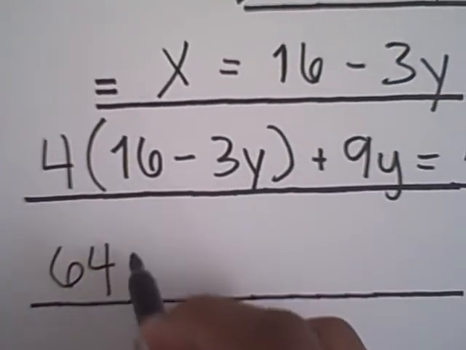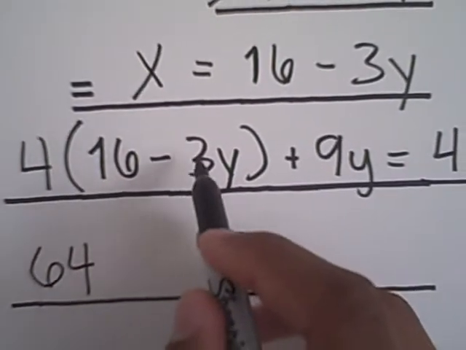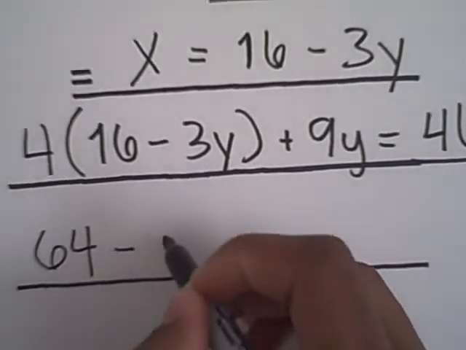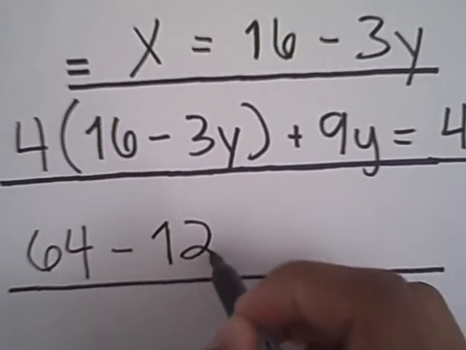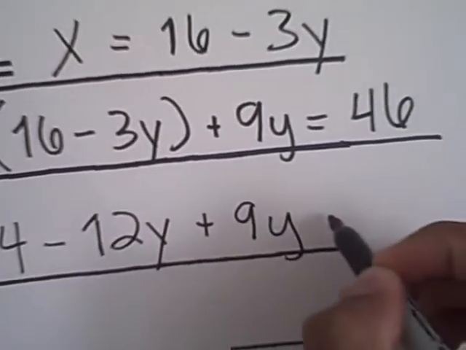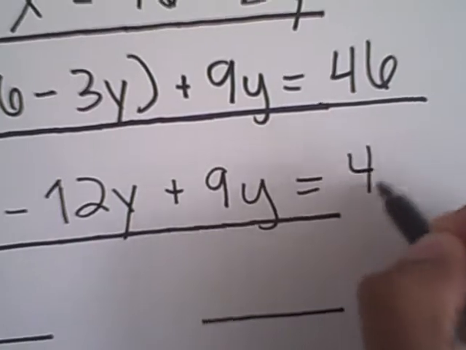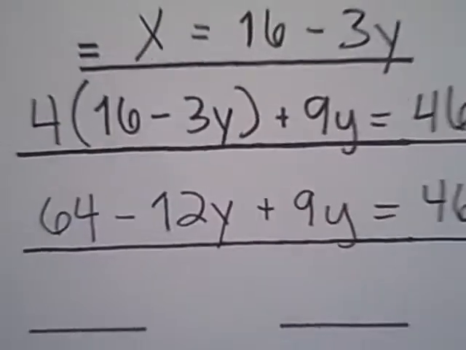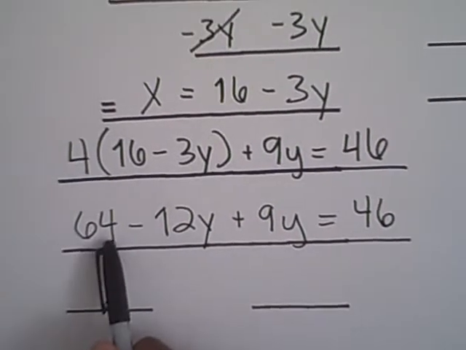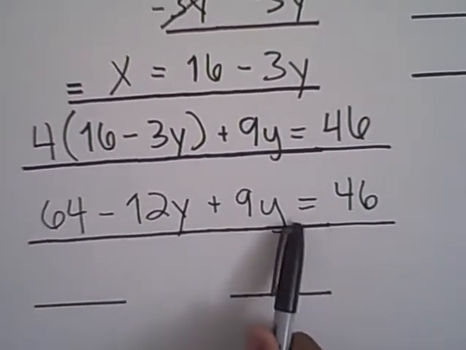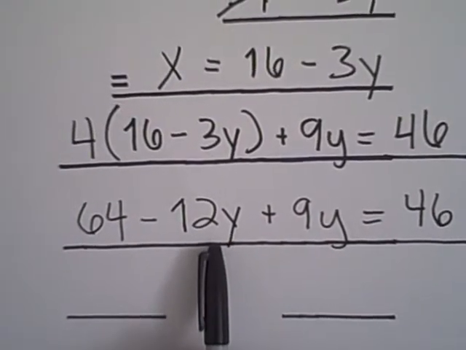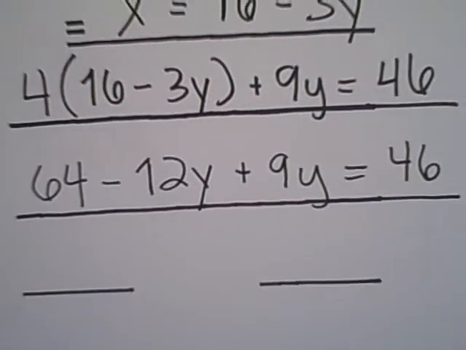Now we multiply 4 times 3y, which gives us 12y. So our new equation is 64 minus 12y plus 9y equals 46. But we still have to find the value of y.